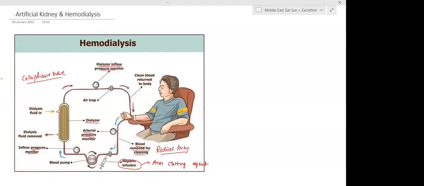So these wastes diffuse from blood to dialyzing fluid across the membrane. Full stop.